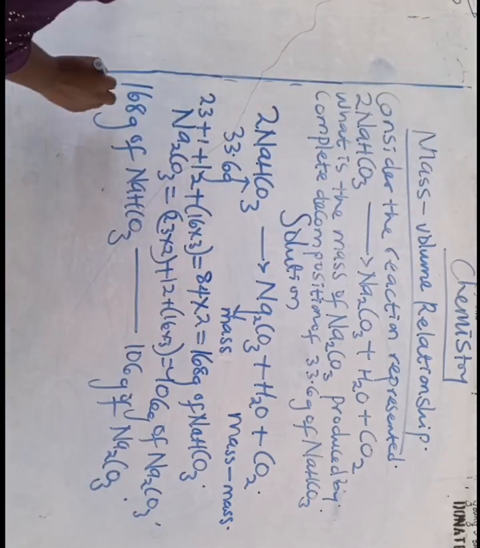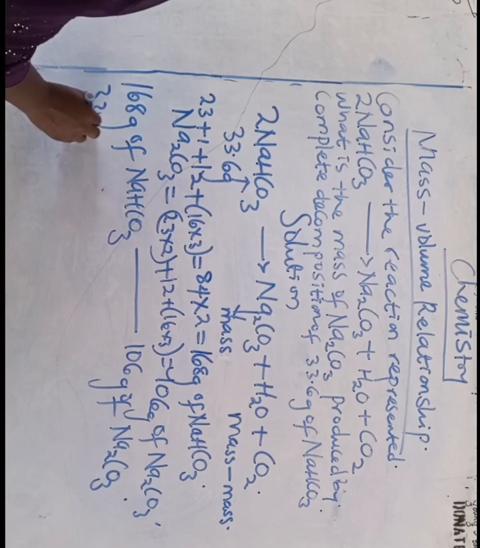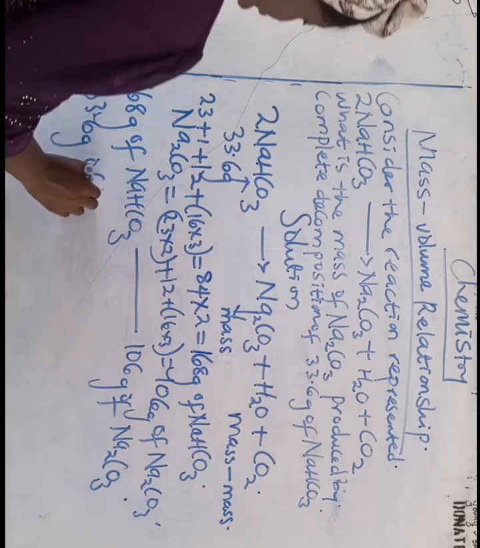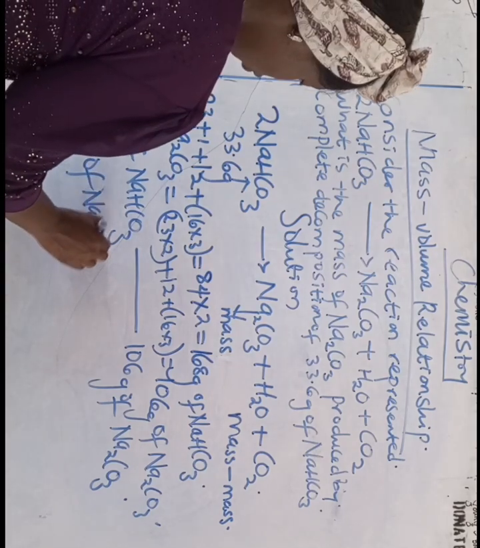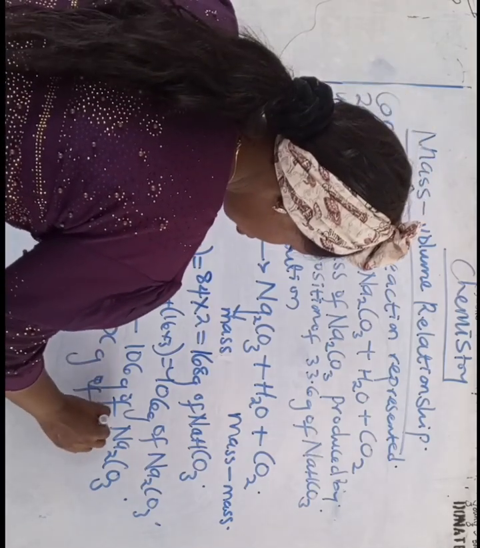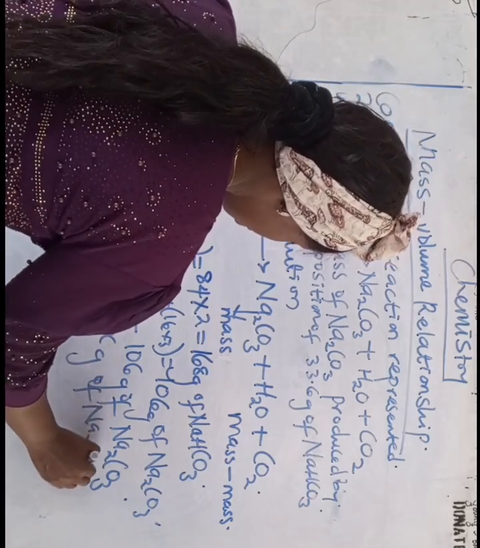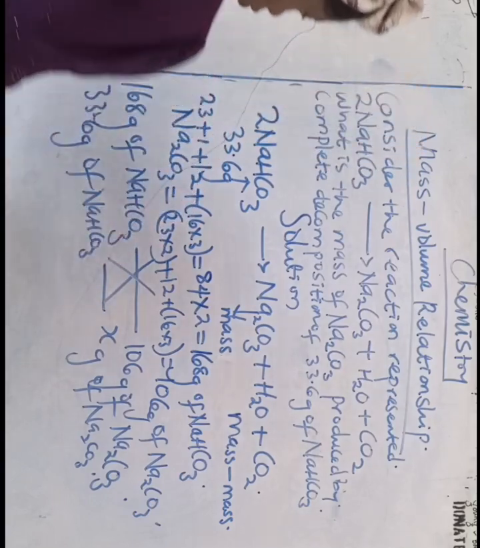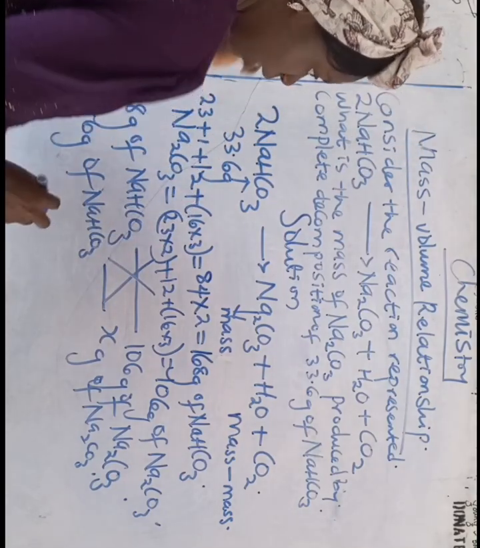So I'll come back to my question. I will now say 33.6 gram of NaHCO3 will produce what? X gram of what? Na2CO3. So I'm going to cross multiply. So at the end of the day, I'm going to have something like this.